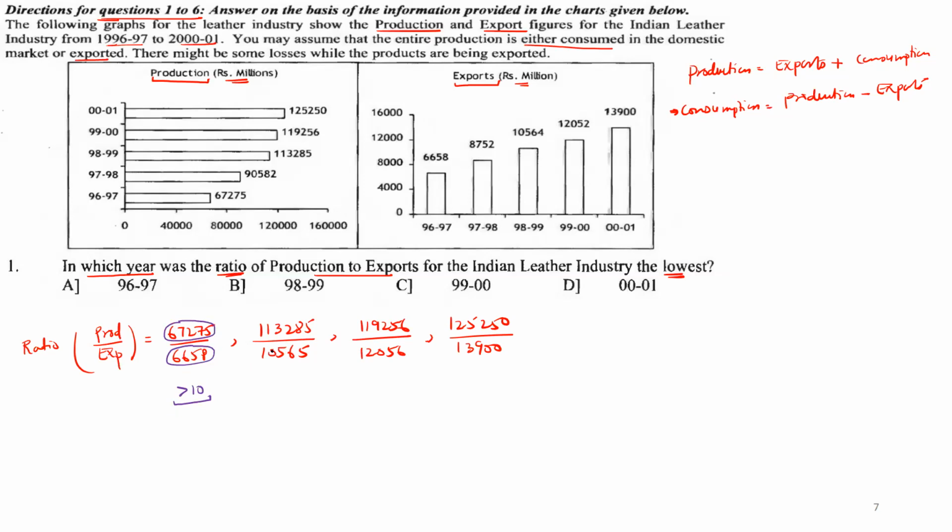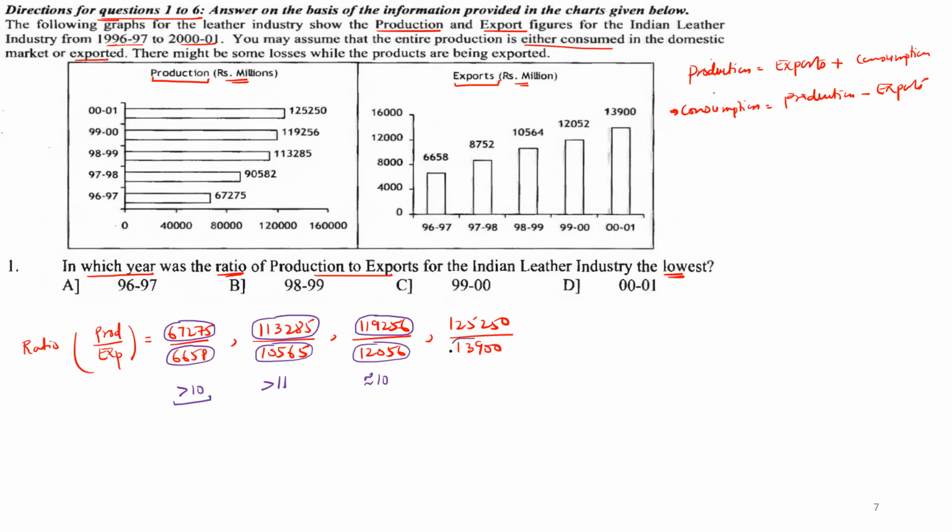Now the second ratio, it is 10,000 something and it is 110,000 something. So can we say my ratio is either 11 or greater than 11? Yes, sir. Right. It is 12,000 something and it is almost 1,20,000 something. So is this ratio almost equal to 10? Yes, sir. Okay.